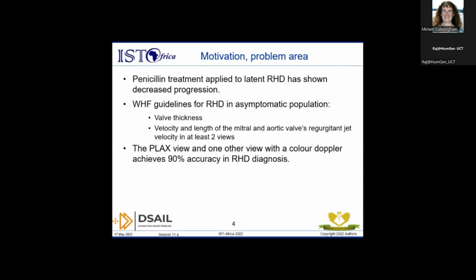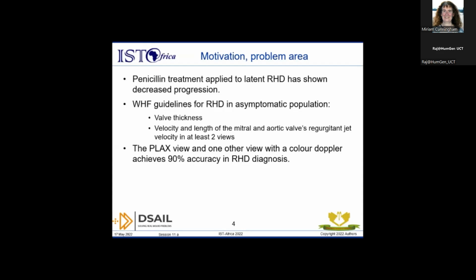And there are some guidelines that were given by the World Heart Federation for RHD in asymptomatic individuals. Some of these guidelines involve the thickness of the valves and the velocity and length of the regurgitant jet velocity in at least 2 views.